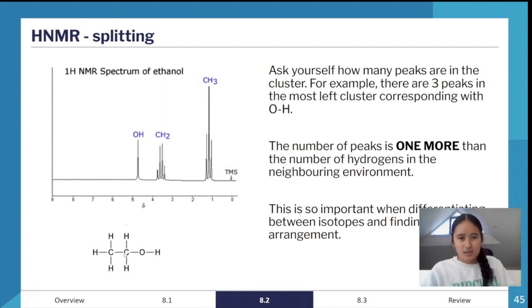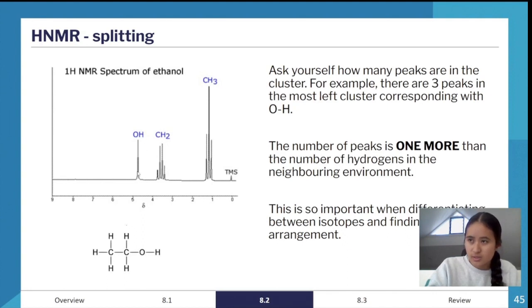Basically, if we look at the diagram, we'll see that the CH2 has 4 mini peaks in the cluster. Then the CH3 has 1, 2, 3 mini peaks. And then the OH, it's a little bit hard to see, but it has 3 mini peaks.